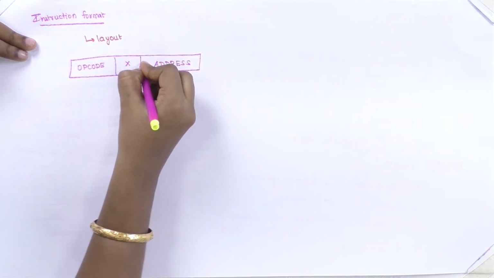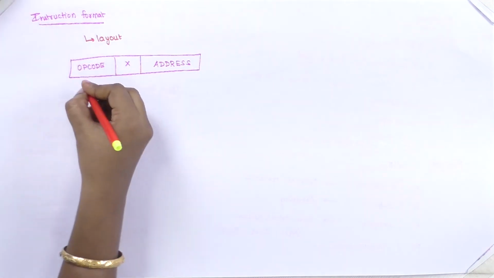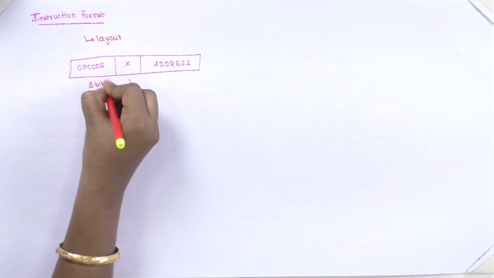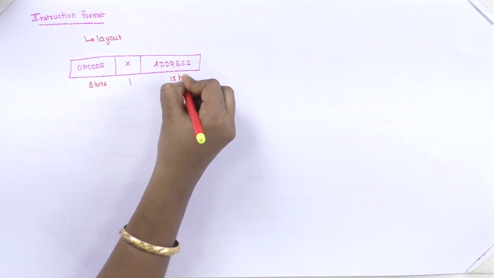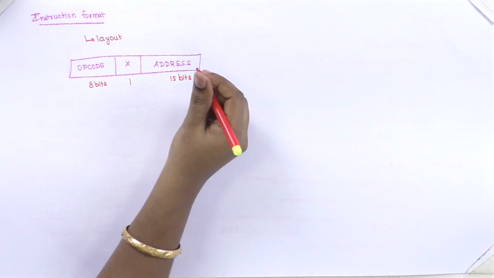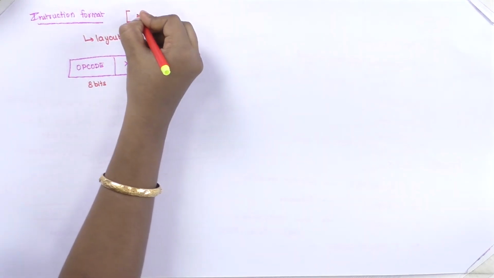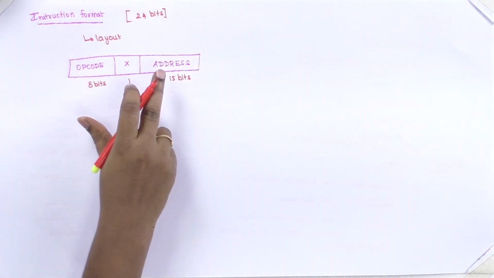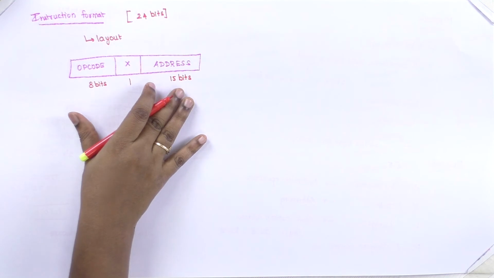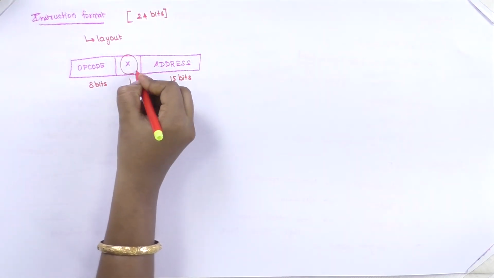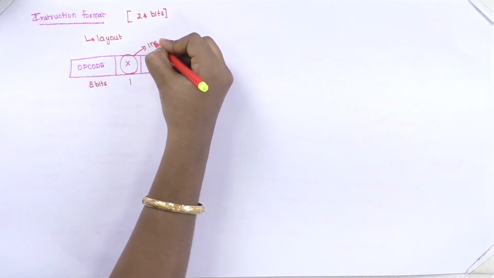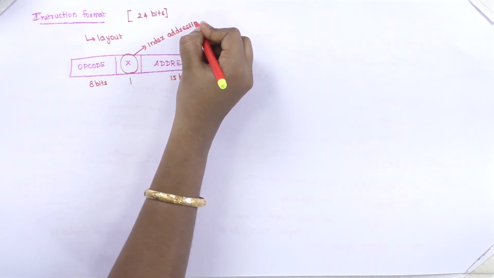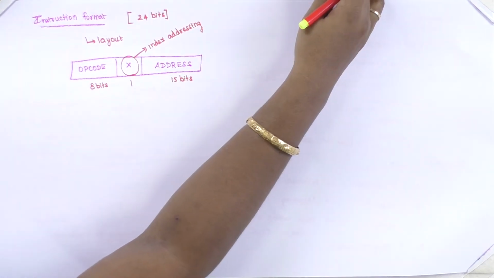So this is our instruction layout. Opcode is 8 bits, X is 1 bit and address is 15 bits. So totally our instruction format for SIC is 24 bits. So all instructions will have a 24-bit format, and X is for index addressing. This is the instruction format.